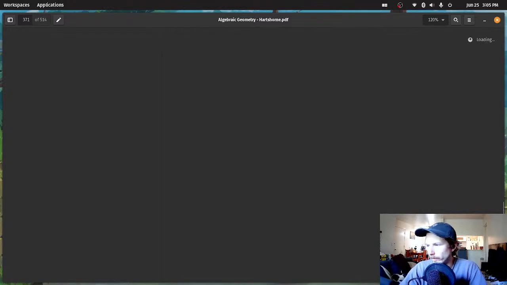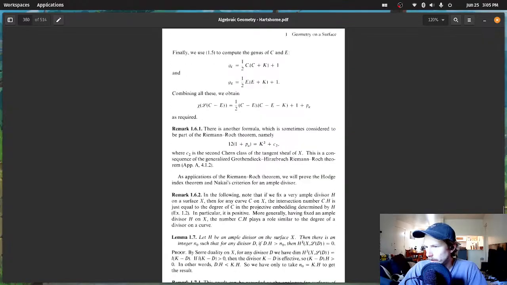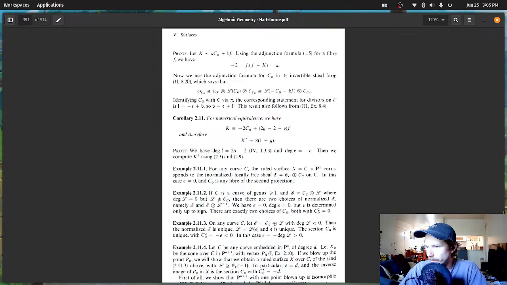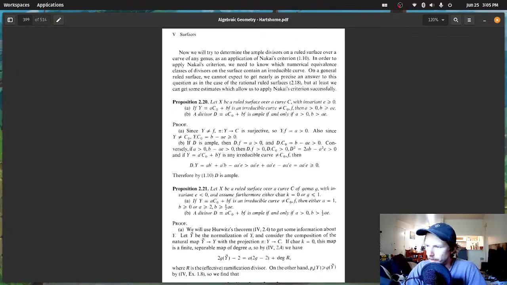So we're looking for a very ample divisor, effectively, on this ruled surface. Trying to check what the dimension of the linear system is, so.